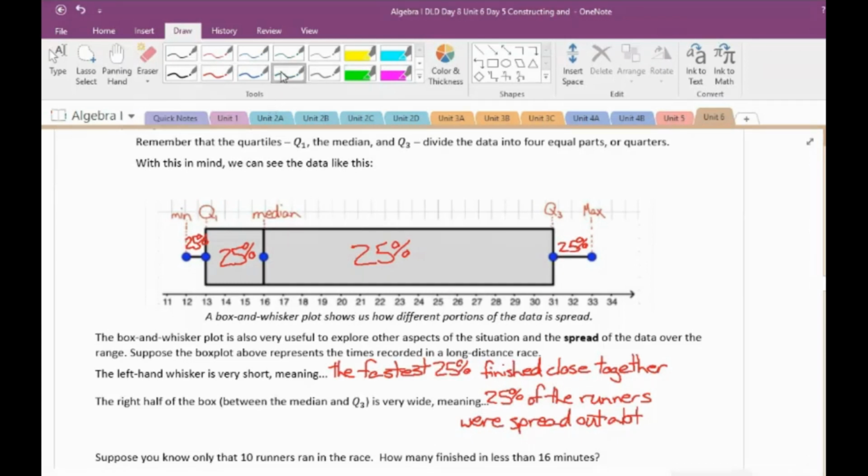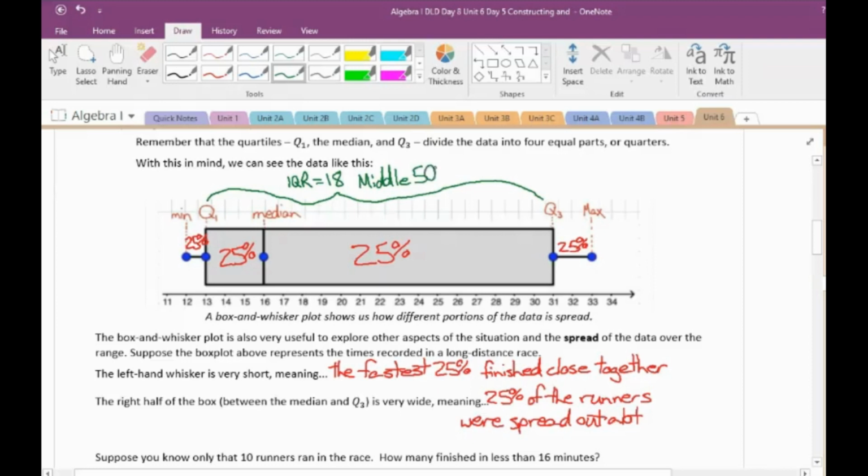Another thing, remember we talked about IQR. That's represented by this box. The IQR is this range. IQR was 31 minus 13, which was 18. That IQR represented the middle 50%.